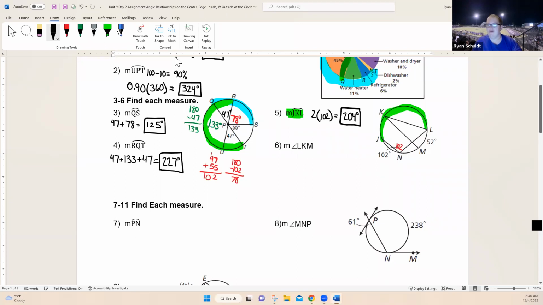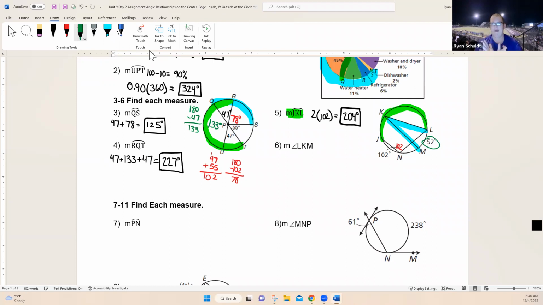Six asks us about the measure of angle LKM. So LKM, where is that? We know the arc is 52. So now we're out and we need to come back in.